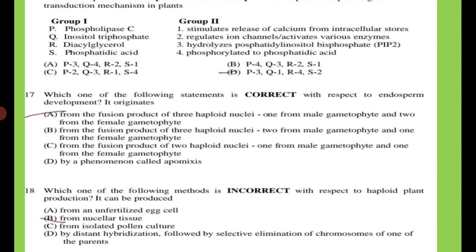It can be done by isolated pollen culture or by distant hybridization followed by selective elimination of a chromosome of one parent. But it cannot arise from a new cellular tissue. So option B is the answer for this question.